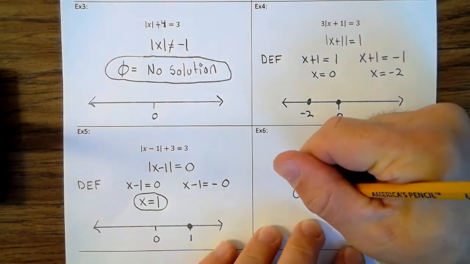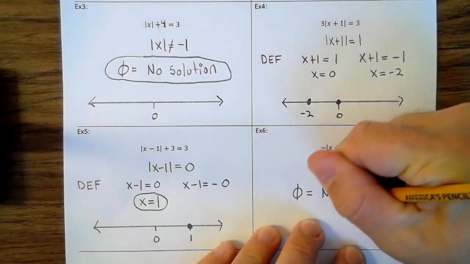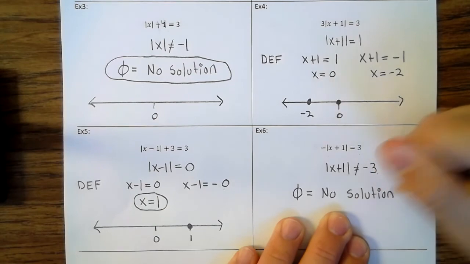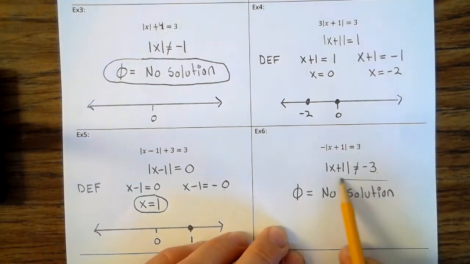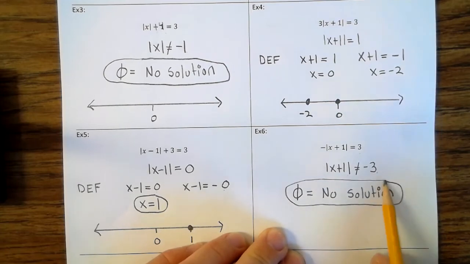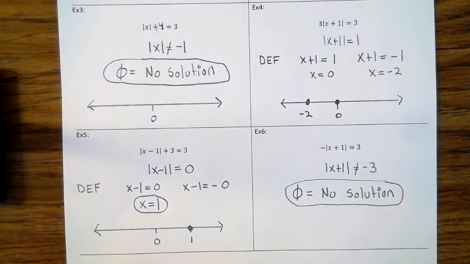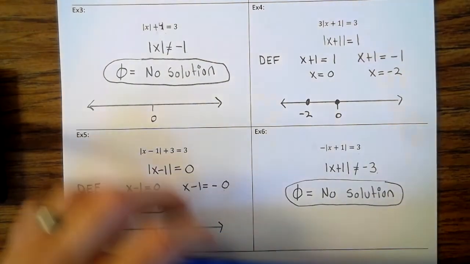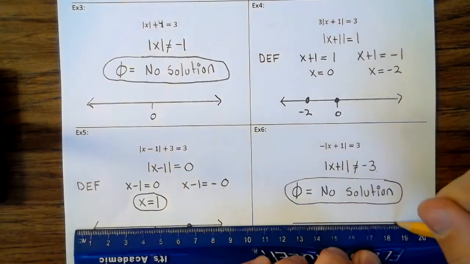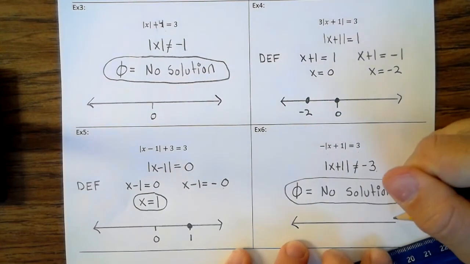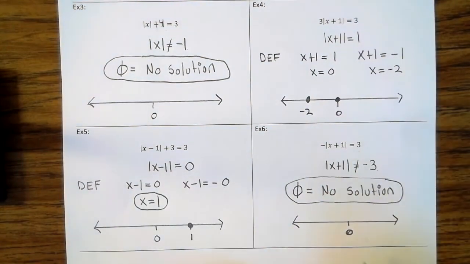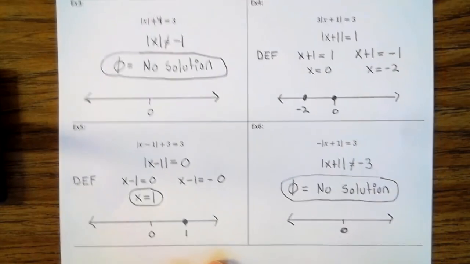So this is no solution. So in our graph, there's no point on the number line that's a solution.